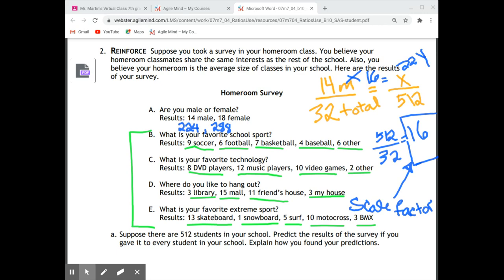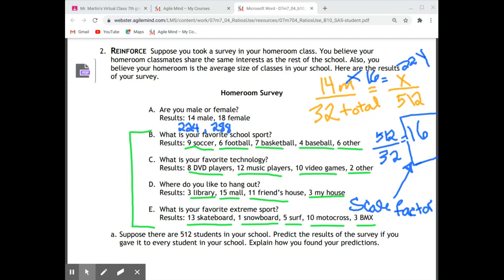So we know that our scale factor is 16. In other words, 16 times the amount inside of that classroom is how much it would be in the entire school that possibly likes that same sport, because that's our prediction based off of the results we got out of our classroom.